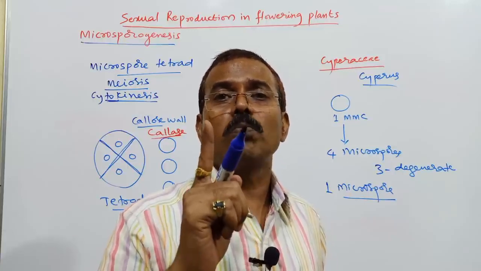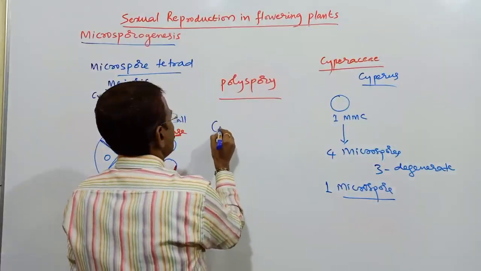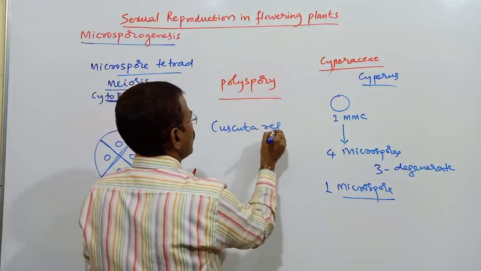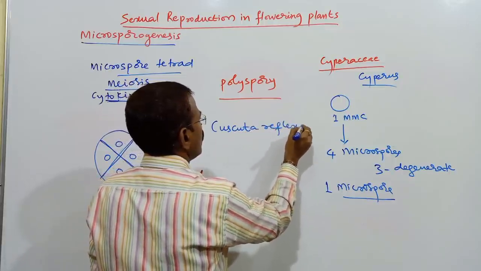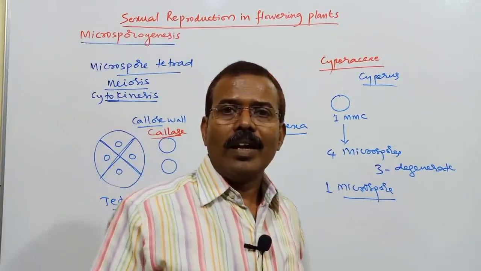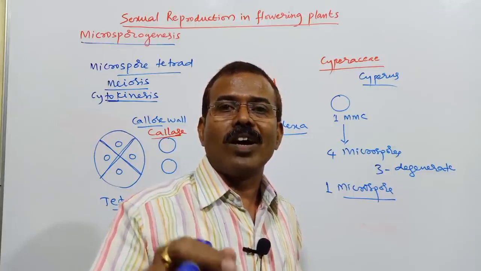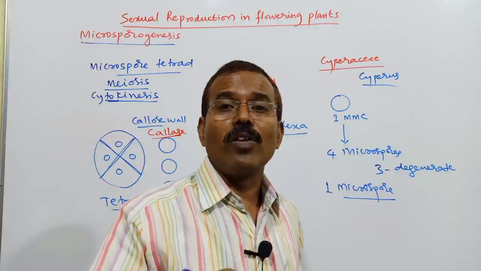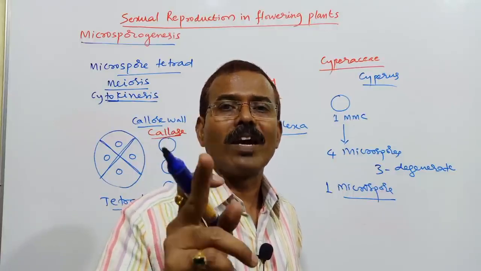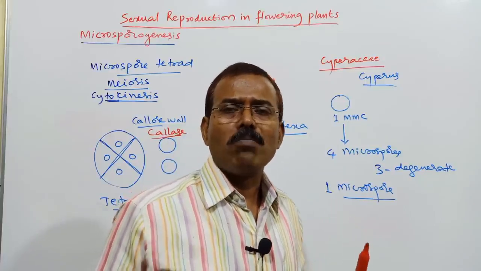Remember, polyspory is seen in Cuscuta reflexa, a parasitic plant, a stem parasite. So try to remember this as extra information.